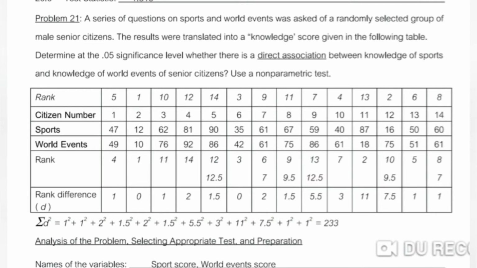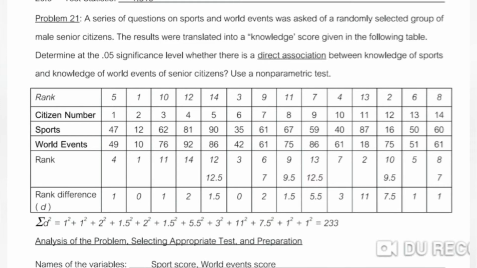Finish. After that, for each citizen, you find the rank difference of 2 subjects. Citizen number 1, rank 5 for sports, rank 4 for world events, rank difference 1. Citizen number 2, sports rank 1, world event rank 1. Rank difference 0. Citizen number 3, rank 10, rank 11, rank difference 1. 1 or minus 1 the same, because later we will take the square.